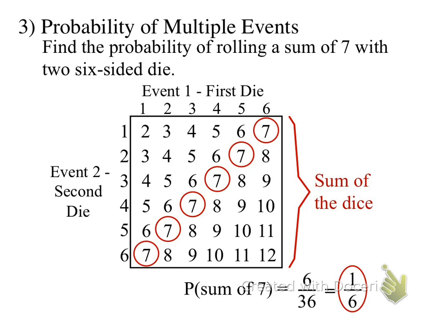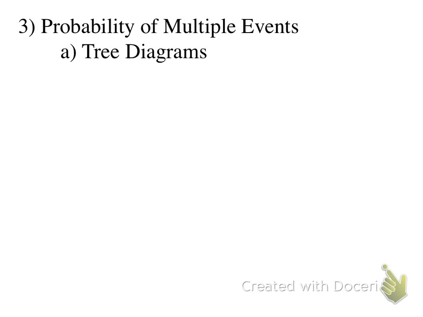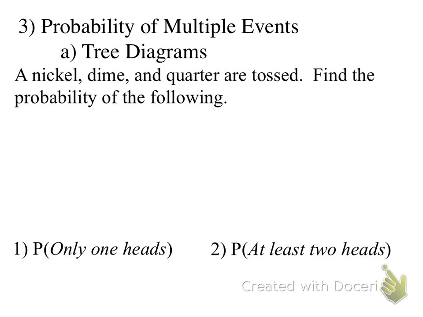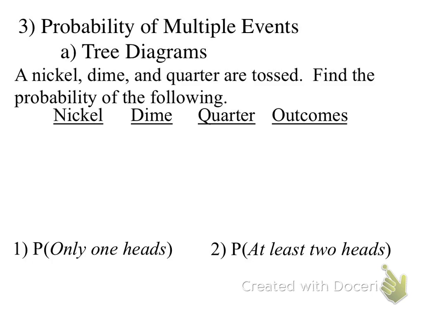All right, another way we can show the math of multiple events is with a tree diagram. So let's say I have a nickel, a dime, and a quarter that I'm tossing. The nickel, I have the possibility of getting a heads or a tails. If I get heads, when I toss the dime, my possibilities are a heads or a tail.